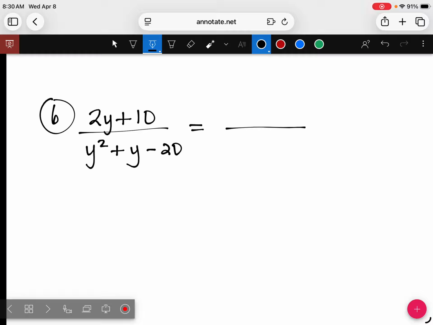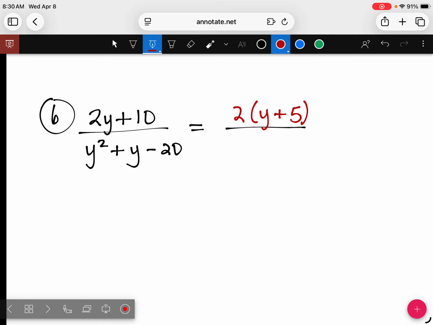What's the largest number? If you look in your chart, the biggest column where you see a 2 and a 10 together. Yep, we see them in the ones. And we also see it in the 2. So that means I'm dividing both of these by 2. So 2y divided by 2 is y. And 10 divided by 2 is 5. So this is what it factors down to.